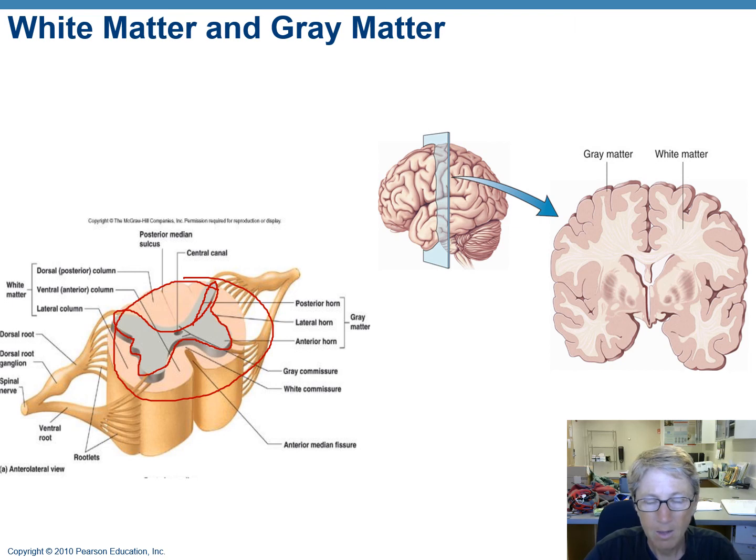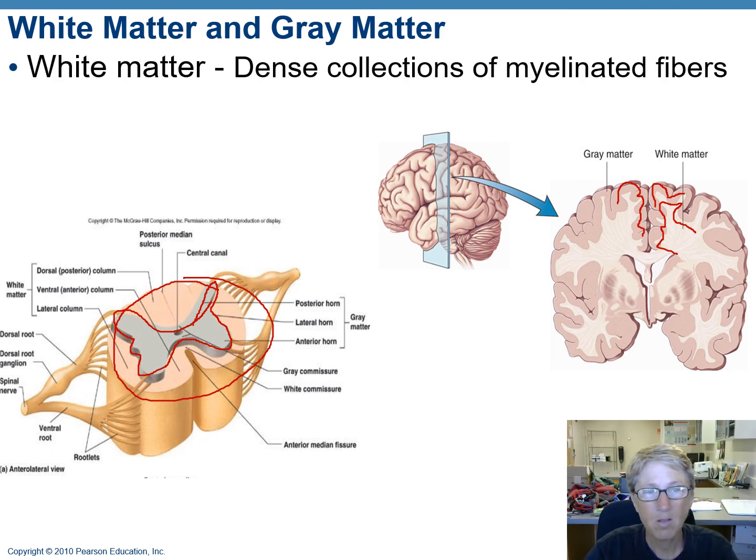And then here in the brain, the gray matter is on the outside. It's actually brown here, but this is the gray matter, and the white matter is on the inside. So in the spinal cord, the gray matter is on the inside, the white matter is on the outside. In the brain, the gray matter is on the outside, and the white matter is on the inside.